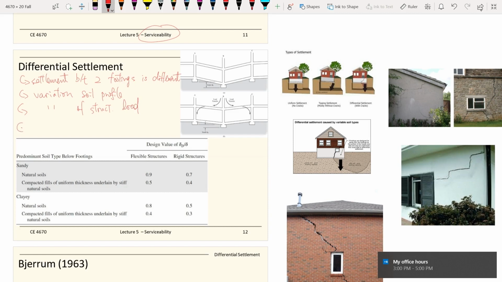And also maybe because you have a different construction tolerance within the structure.